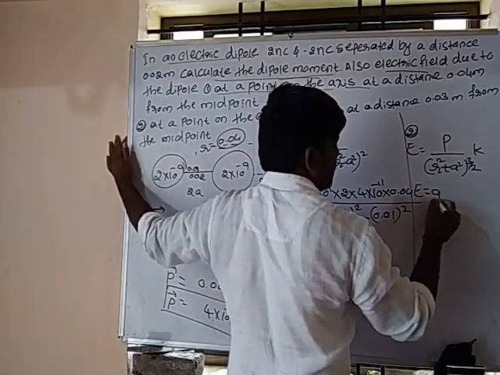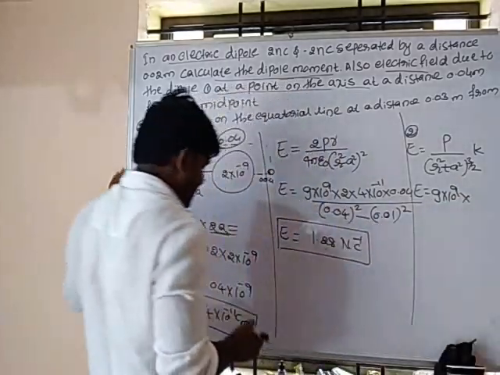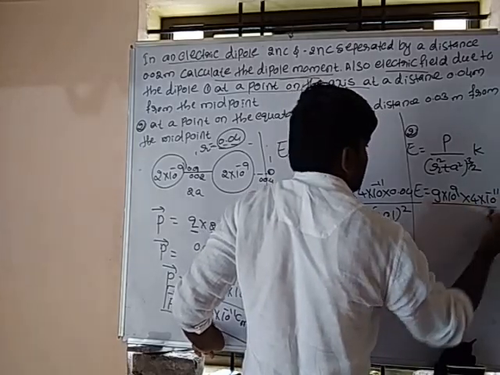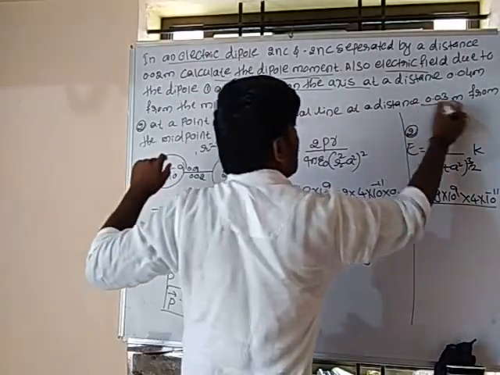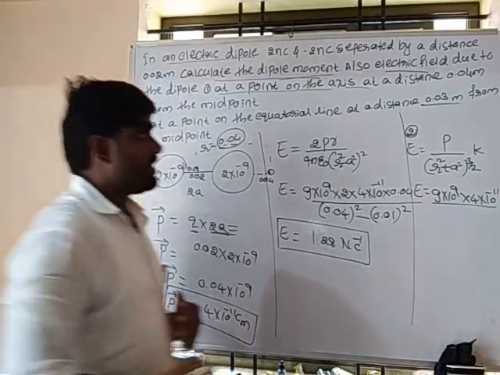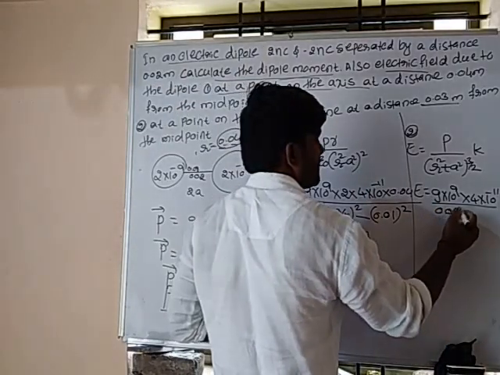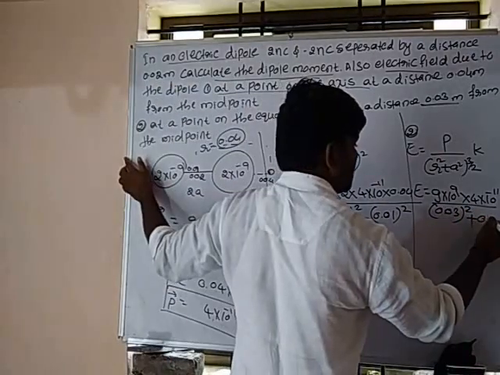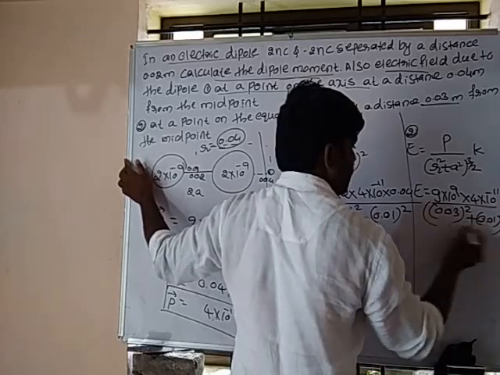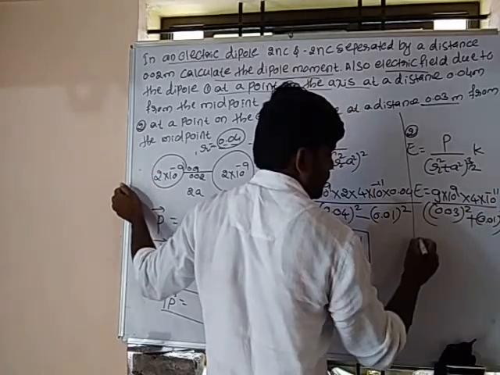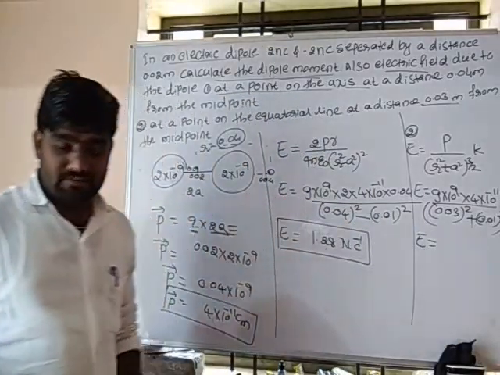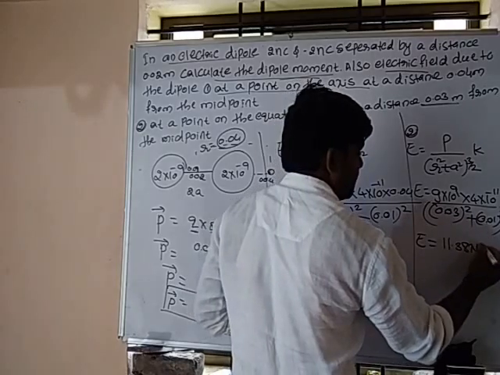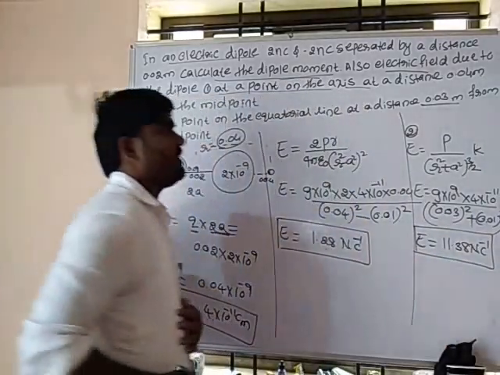E is equal to 9 into 10 to the power 9 into P, 4 into 10 to the power minus 11, divided by R. Here the distance is given, so we take 0.03 its square plus A square, 0.01 its square, whole to the power 3 by 2. After calculating this, we will get the answer 11.38 Newton per Coulomb.